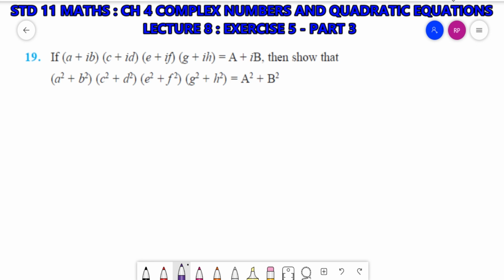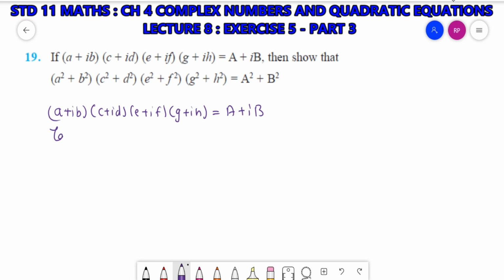If (a plus ib) into (c plus id) into (e plus if) into (g plus ih) is equal to a plus ib, then show that (a squared plus b squared) into (c squared plus d squared) into (e squared plus f squared) into (g squared plus h squared) is equal to a squared plus b squared. So first let's write down (a plus ib)(c plus id)(e plus if)(g plus ih) equal to a plus ib.